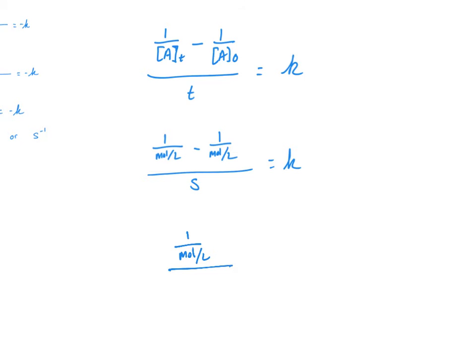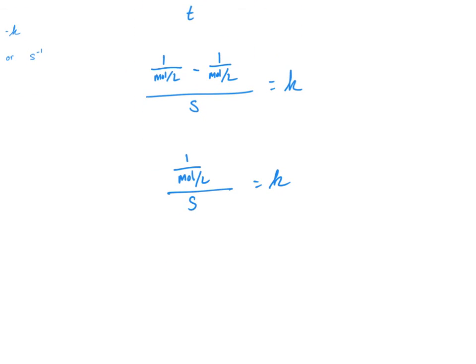And all of that's still divided by s. We can rearrange this to make it a little bit more user-friendly, in that this is equal to liters per mole times seconds. So that's for a second order reaction.